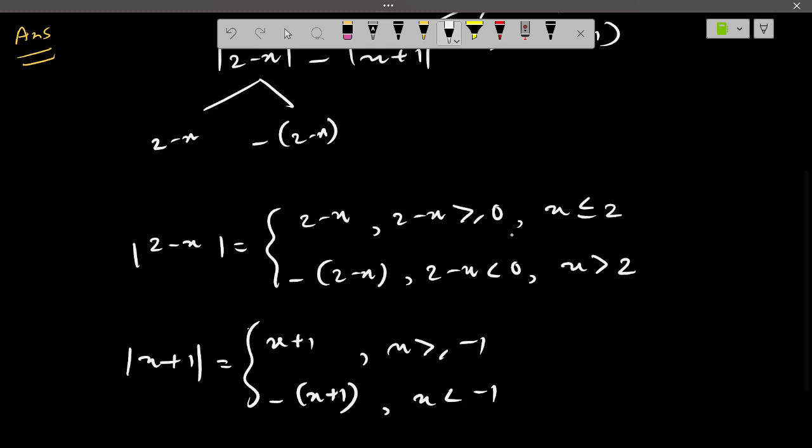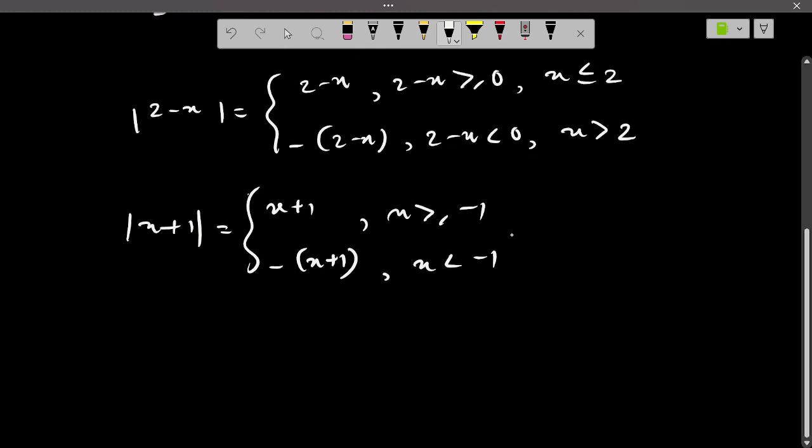Now the interesting part will come into the picture. Everyone try to understand, and this one is my favorite, because in this way things are very clear. Ultimately, what is my target? My target is mod of 2 minus x, minus mod of x plus 1. This one I need to rewrite properly, where the modulus will not be present, because of the modulus there are a lot of problems.